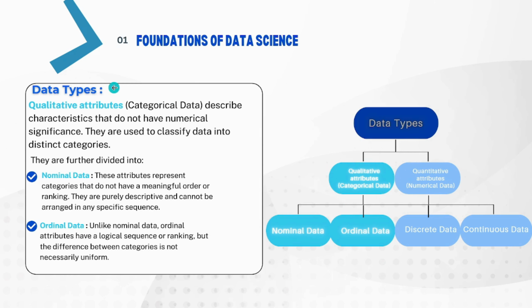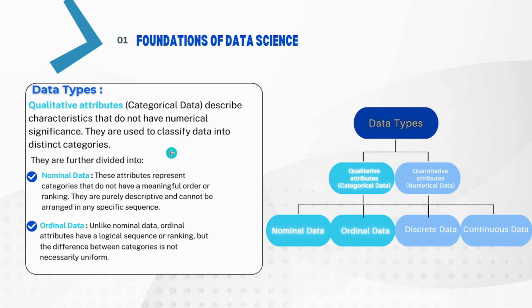We start by explaining what qualitative data or attributes are. We also call it categorical data. Categorical data describe characteristics that do not have numerical significance and are used to classify data into distinct categories. That's why we also call it categorical data.